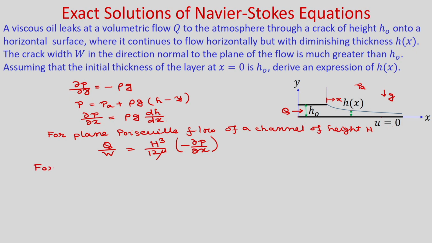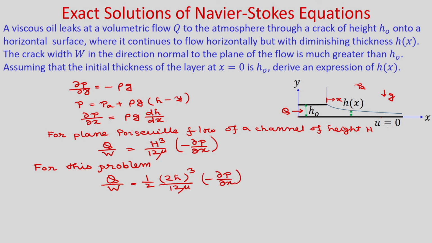Okay. So, for this problem we can write q by w, okay, half of this, H will be twice h, okay, twice h cube by 12 mu minus del p by del x.